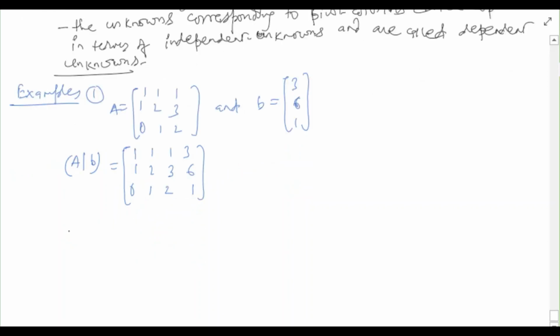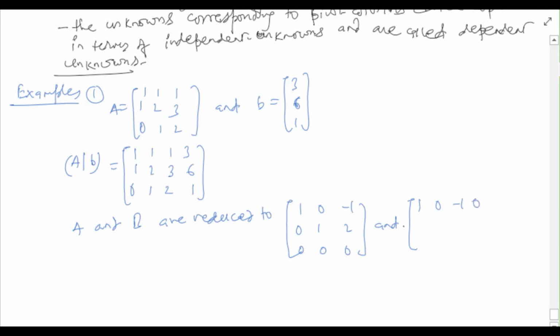If we apply elementary row operations, A and AB are reduced to reduced row echelon matrices: 1 0 minus 1, 0 1 2, 0 0 0 and 1 0 minus 1 0, 0 1 2 3, 0 0 0 minus 2 respectively.